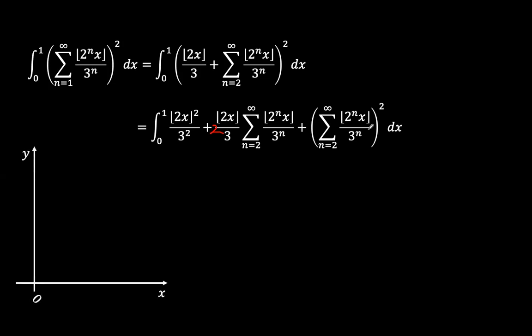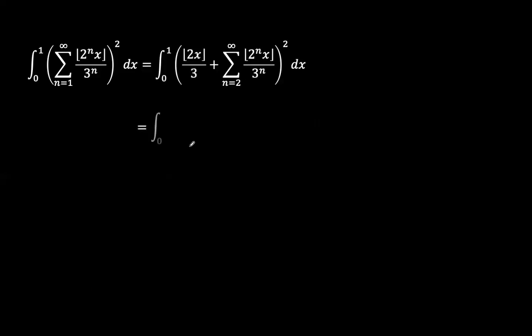So as we know, with the floor function of 2x squared, that will mean it's from 0 to 1/2, since the floor function of 2x is 0, and from 1/2 to 1, the floor function is 1, so we have 1 squared. So essentially, the integration would be the area under this rectangle over, obviously, 3 squared.